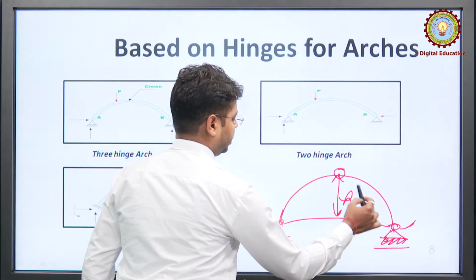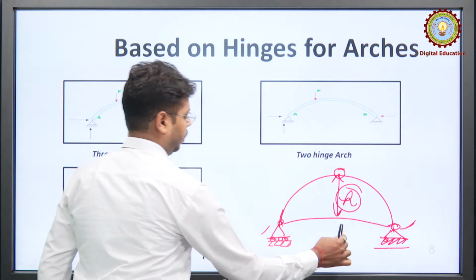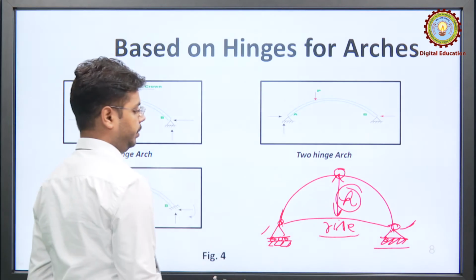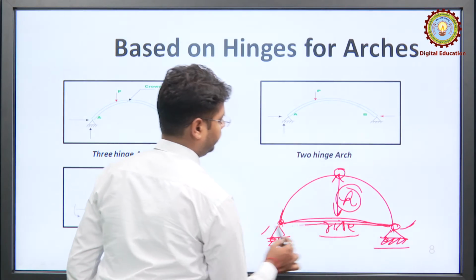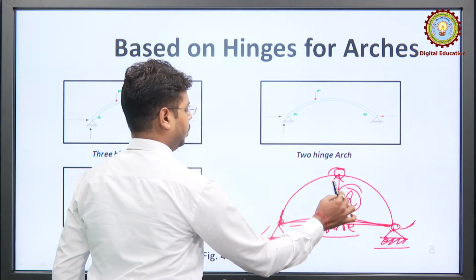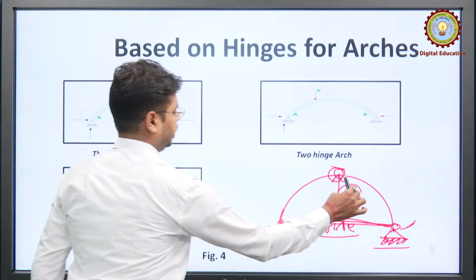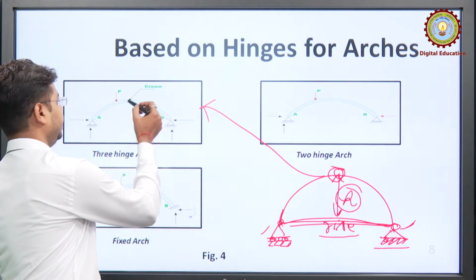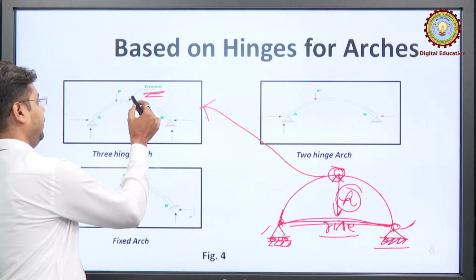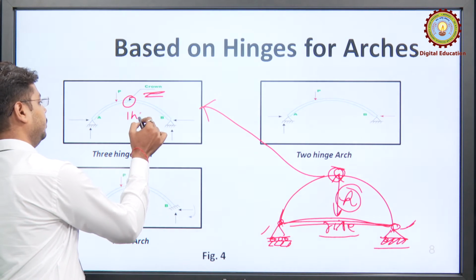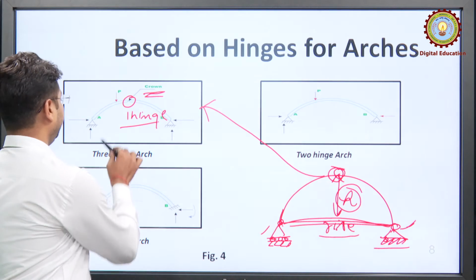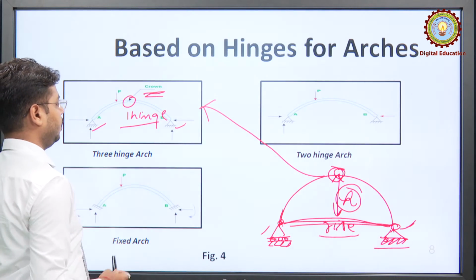After providing a third hinge on the crown of the curved beam, where this is the height or rise of the curved beam from the flat panel, then we call it a three hinge arch. As you can see, the crown has one hinge also, and two supports are also available.